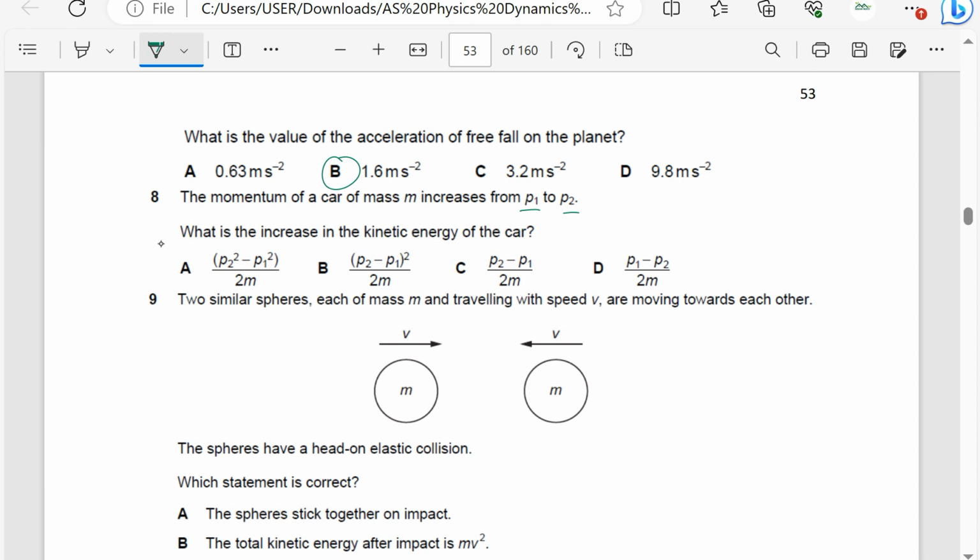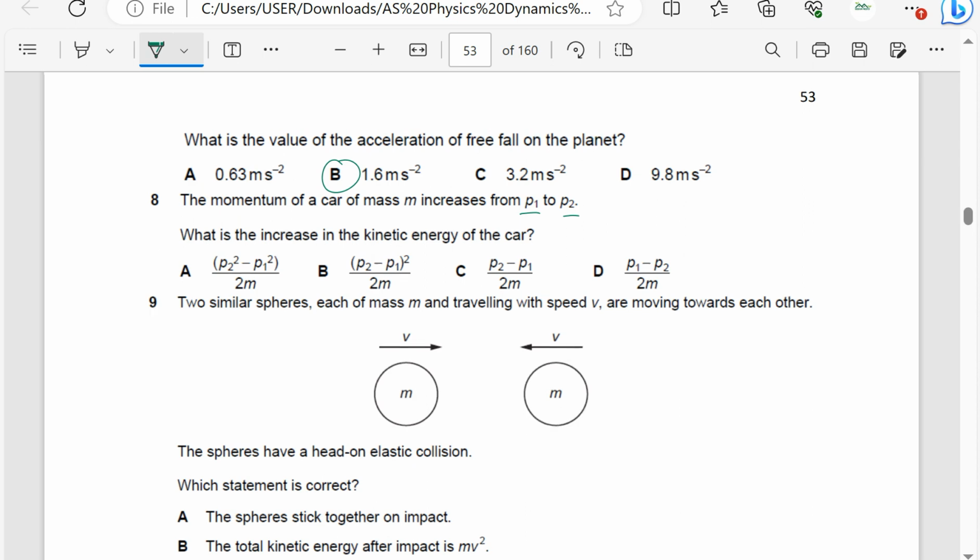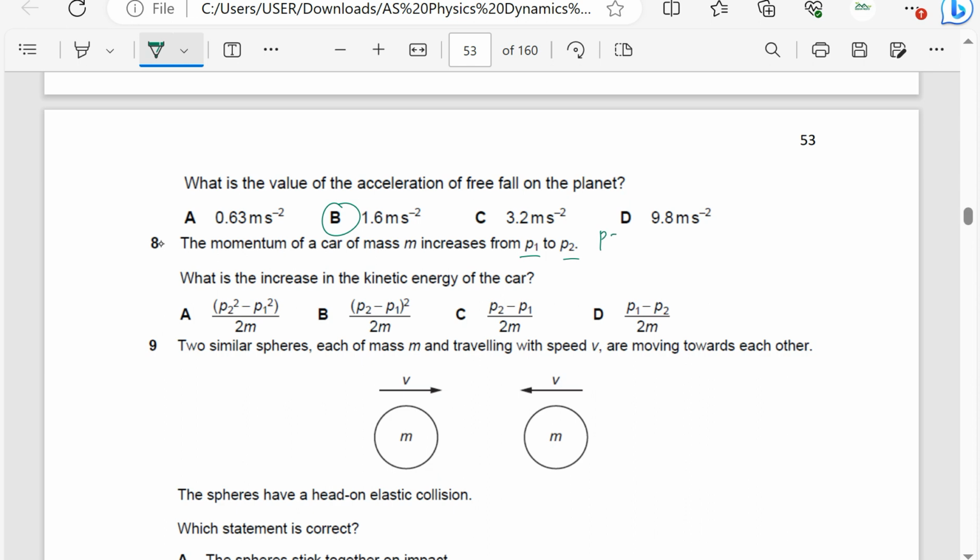Okay, so we know that momentum is mass times velocity.